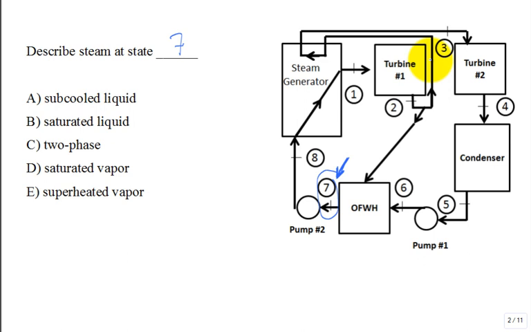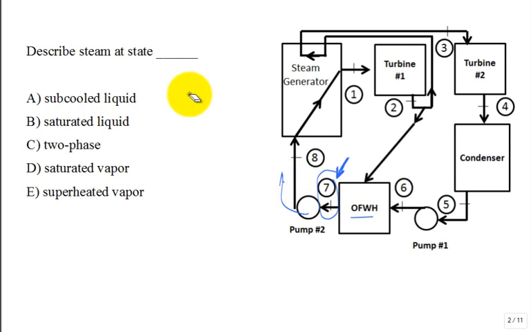And if you put more energy into it, it would go from saturated liquid to two-phase. We don't like anything two-phase going into a pump. We want saturated liquids. Now, it can be subcooled liquid, but then that would have less enthalpy or lower value of energy content. And that's the whole purpose of this open feed water heater, to get a lot of energy into the feed water. True? So that's true.